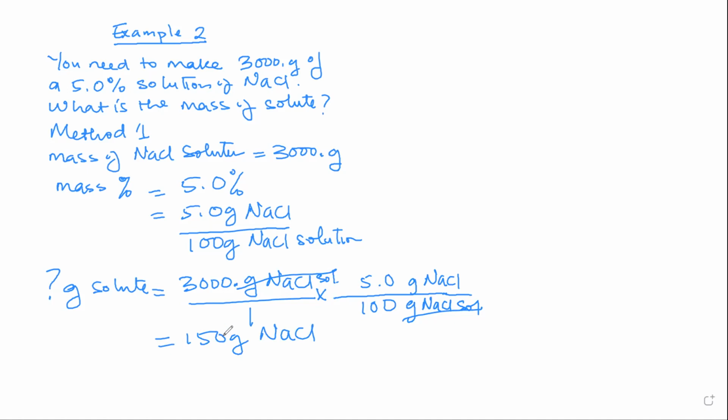Another way of solving it, which I'll call method 2, is to use proportion. We already know this, that 5% is 5.0 grams sodium chloride over 100 grams of sodium chloride solution.